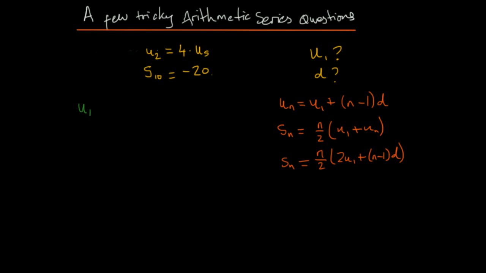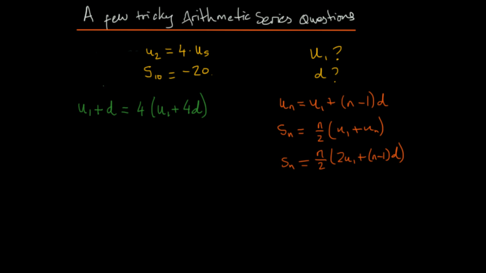So if I write the general expression for u2, it would be u1 plus d, right? Because n minus 1 would be 2 minus 1, which is 1. So u1 plus d, that's the expression for u2. Should be equal to 4 times u5, right? And u5 is u1 plus n minus 1, which is 5 minus 1, which is 4d.